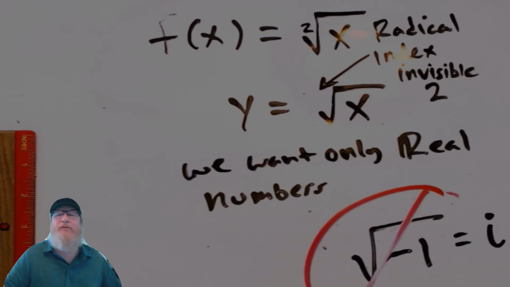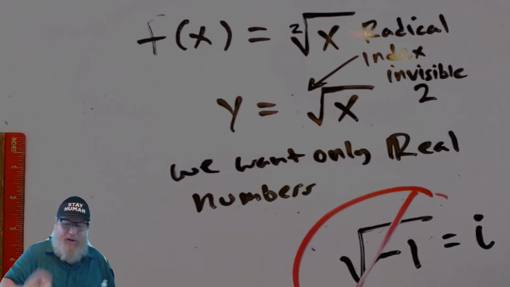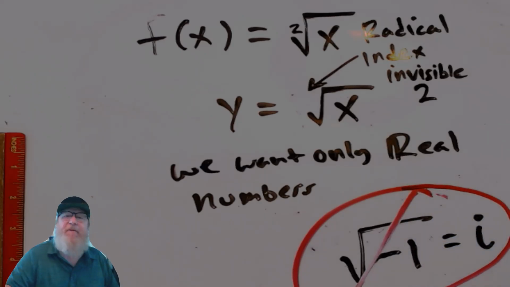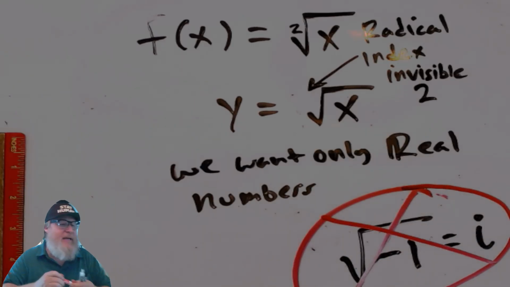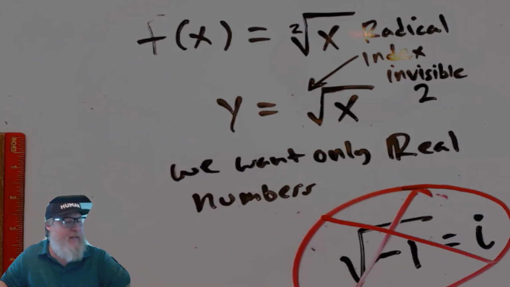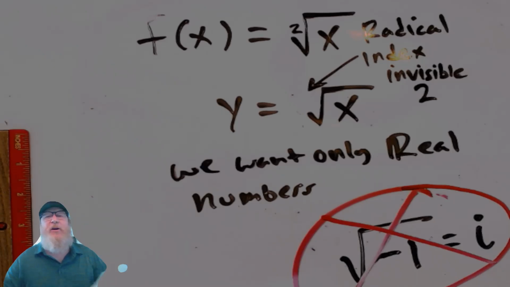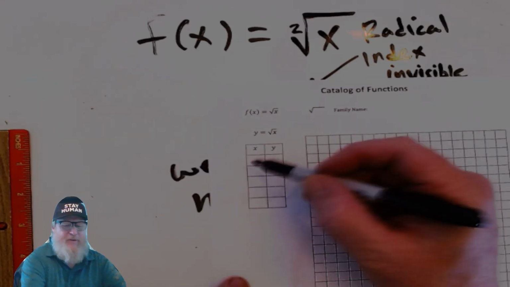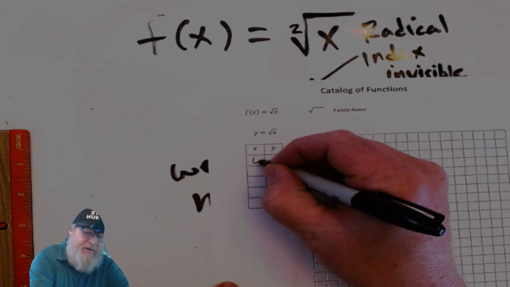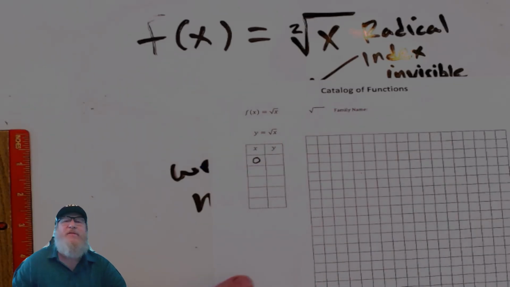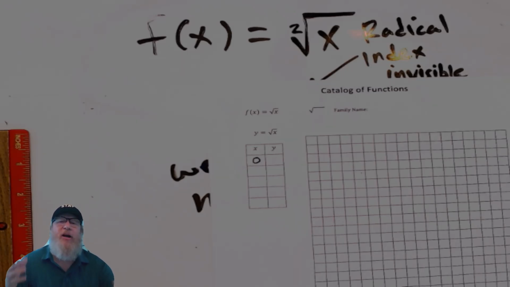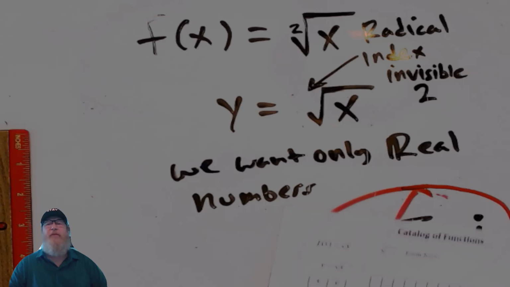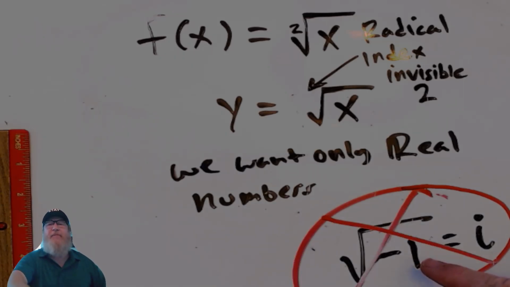We know that this is equal to i. But for the purposes of a function, we are prohibiting imaginary numbers. And so what that means is in our table of values, we're not going to start with -2 and -1. We're going to start with 0. That's going to be our initial x value, 0. And that will prevent this from happening.